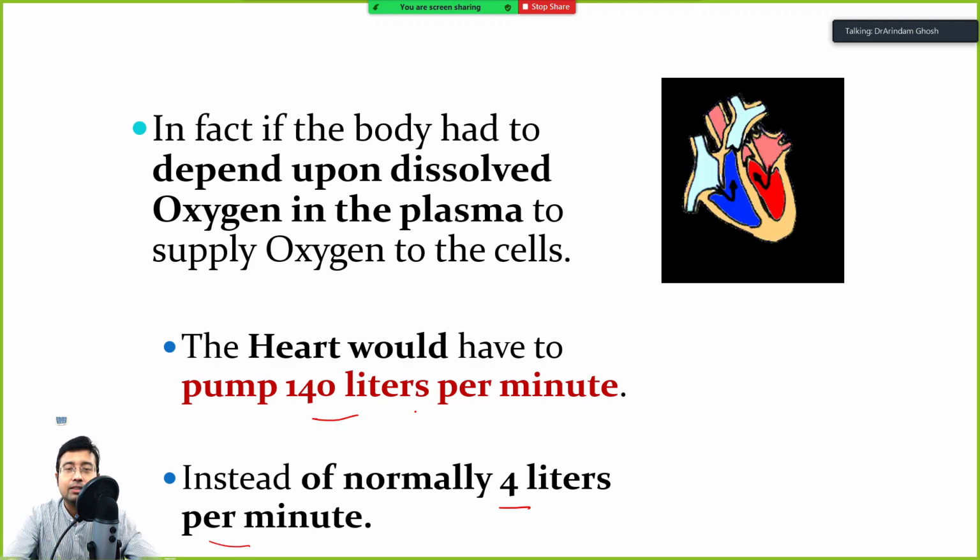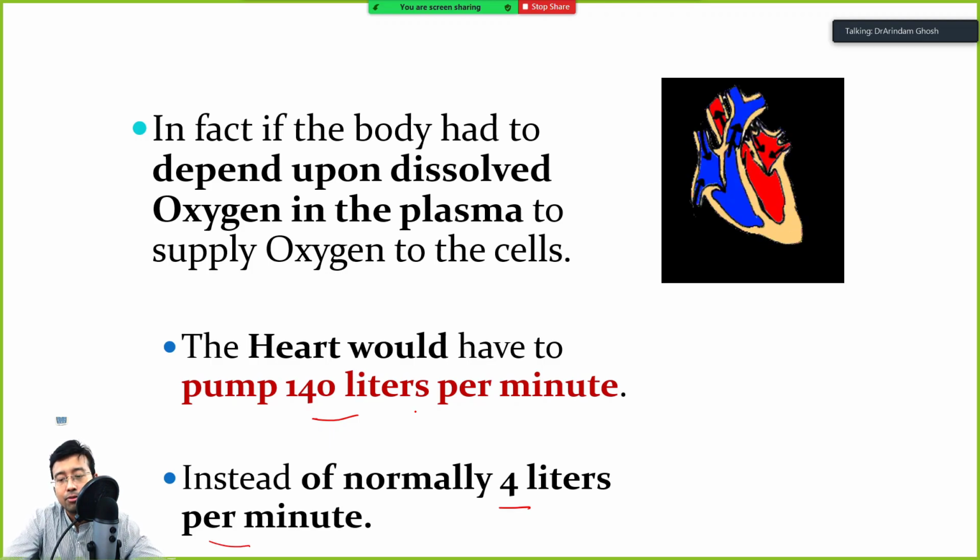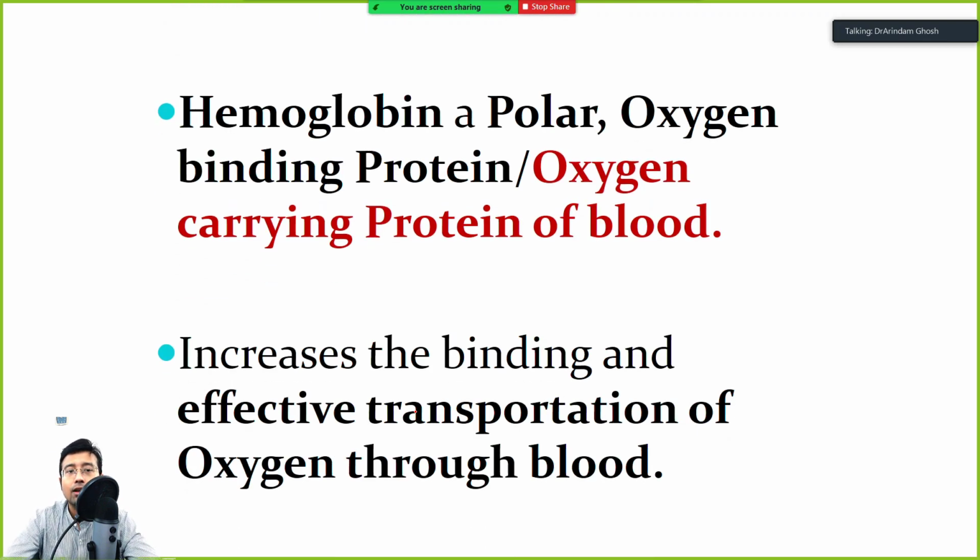Okay? So these are all something that is not happening because nature has chosen a carrier, okay, in the form of hemoglobin. So mind it, since oxygen is sparingly soluble, it is much dependent on hemoglobin for transport. Had it not been so, heart would have needed to pump out a huge amount of blood, which is not feasible physiologically. Okay. So this is a polar oxygen binding protein.